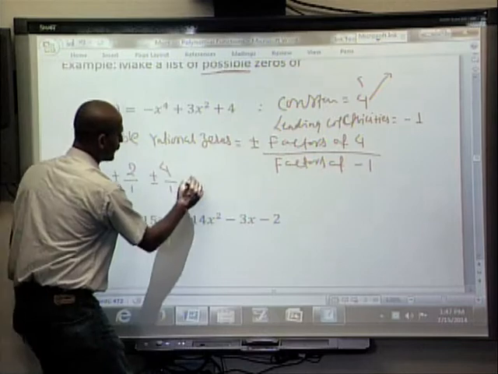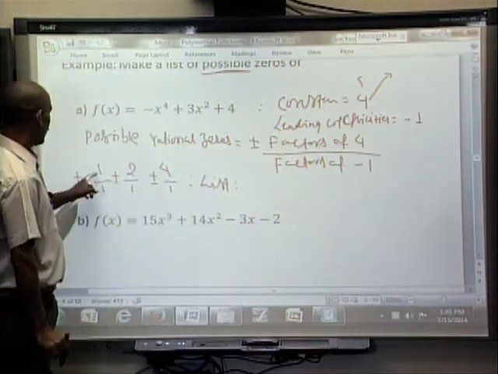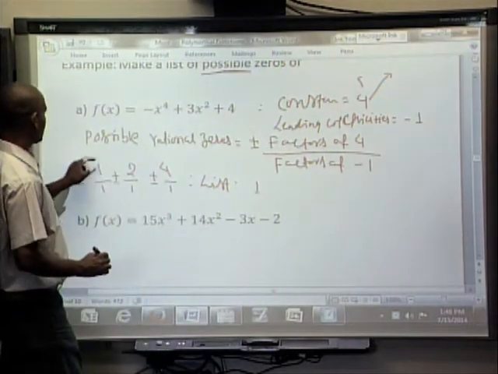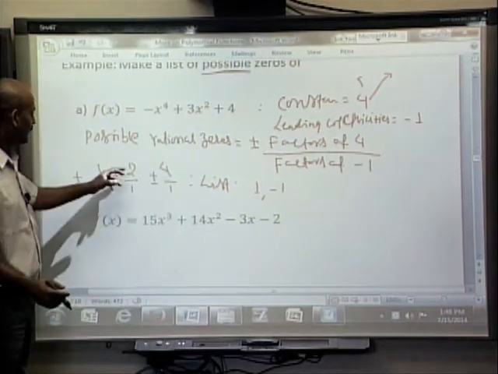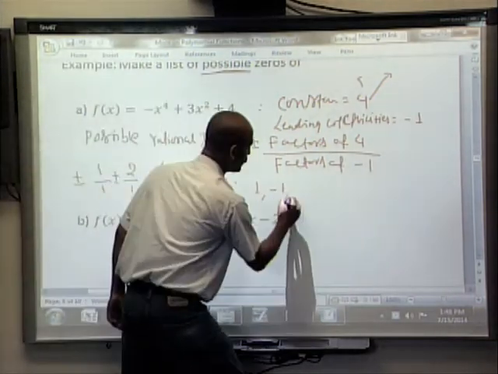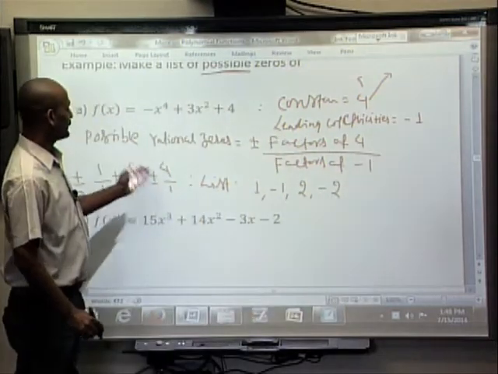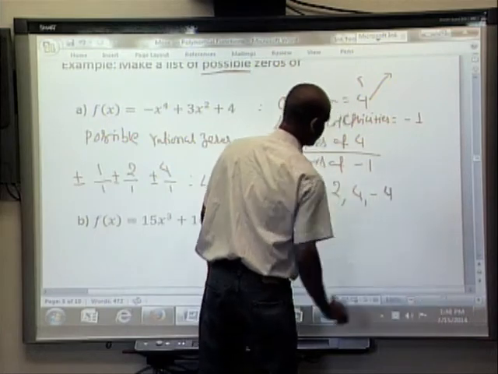So, that means the list is this. The list of the possible zeros is 1 over 1 is 1, plus 1, minus 1 over 1 is -1, plus 1 and -1, 2 over 1 is 2. So, we have plus 2 and -2, 4 over 1 is 4. So, we have plus 4 and -4.